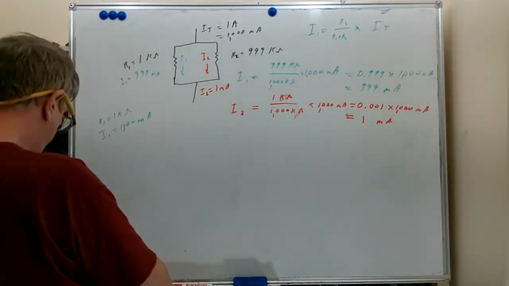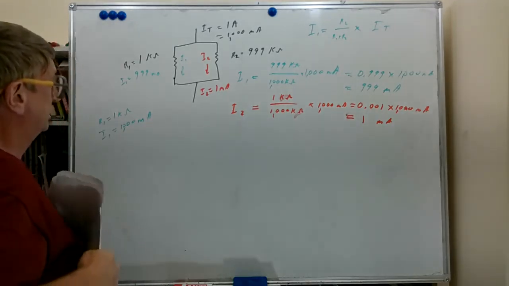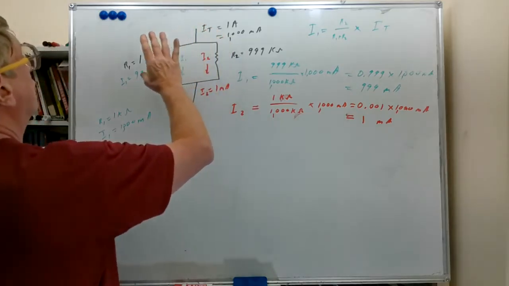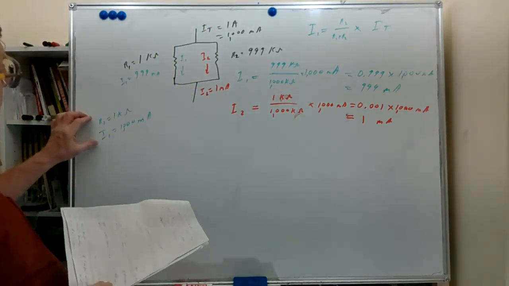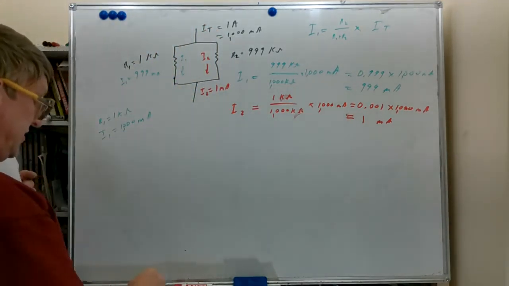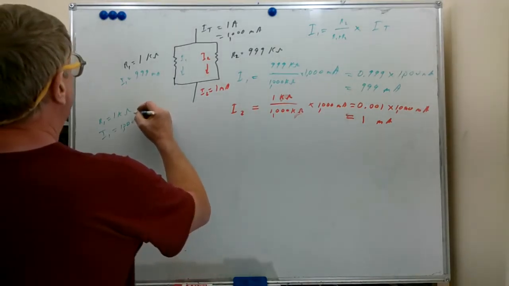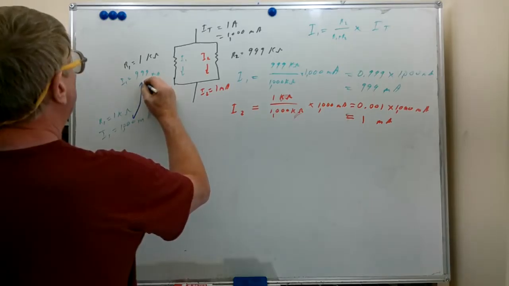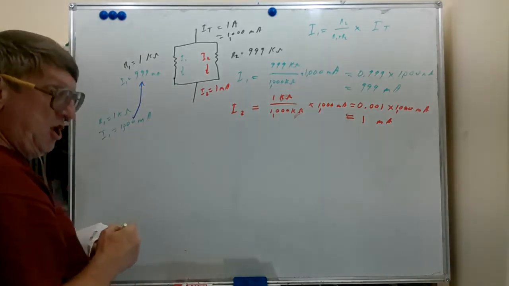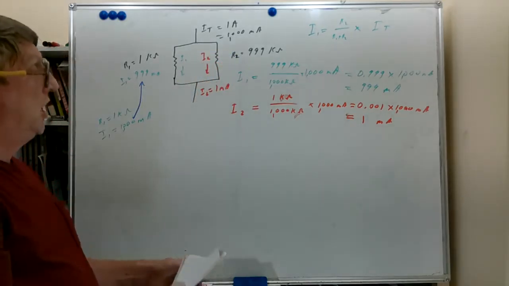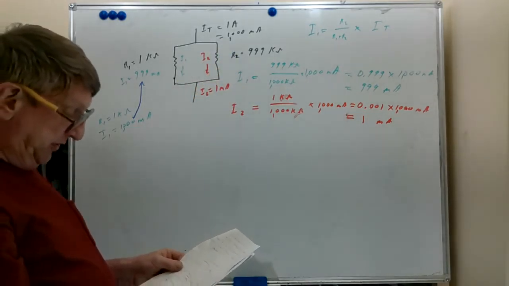So the effect of putting this 999K ohm resistor across the 1K ohm resistor is we changed the current in the 1K ohm resistor from 1,000 milliamps to 999 milliamps. We only made a 1 milliamp change in the current by putting this large resistor across there.